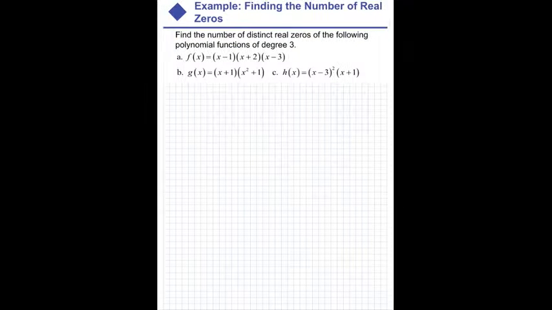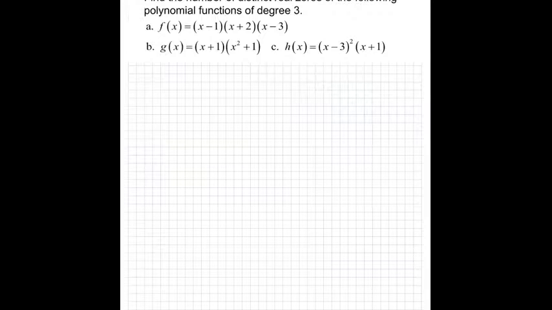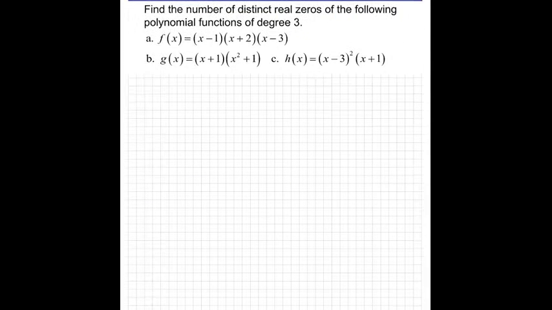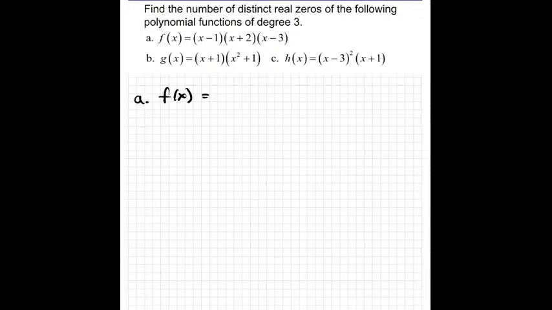All right. So we're asked to find the zeros. For part A, we have f of x equals x minus 1 times x plus 2 times x minus 3.